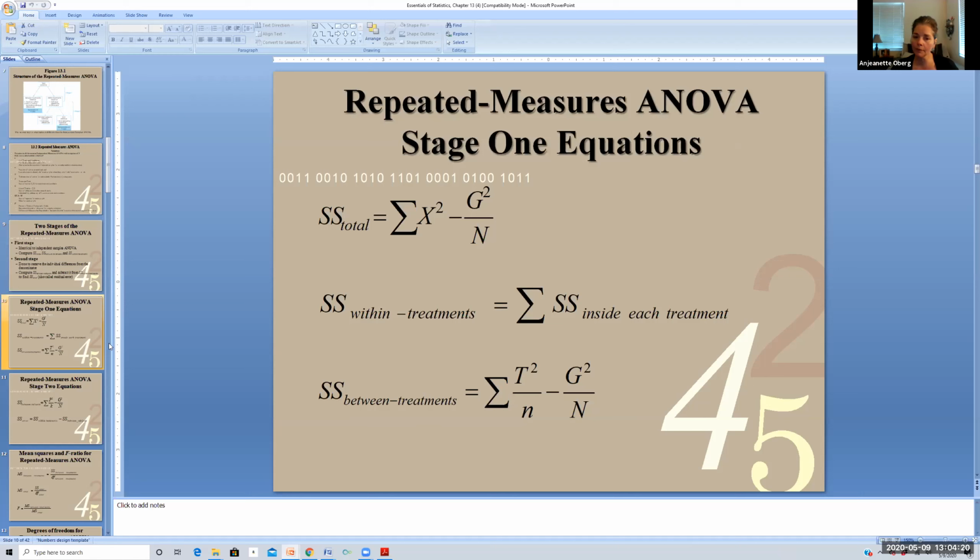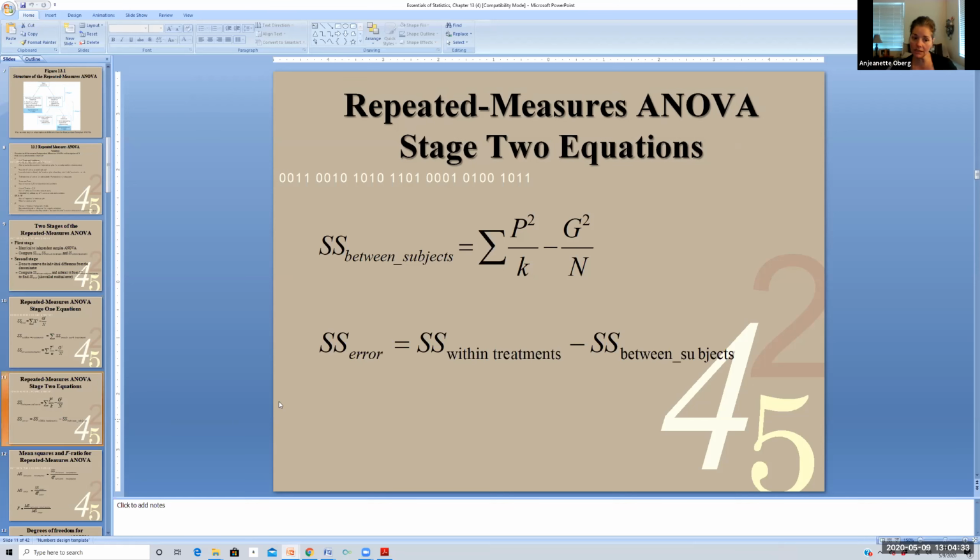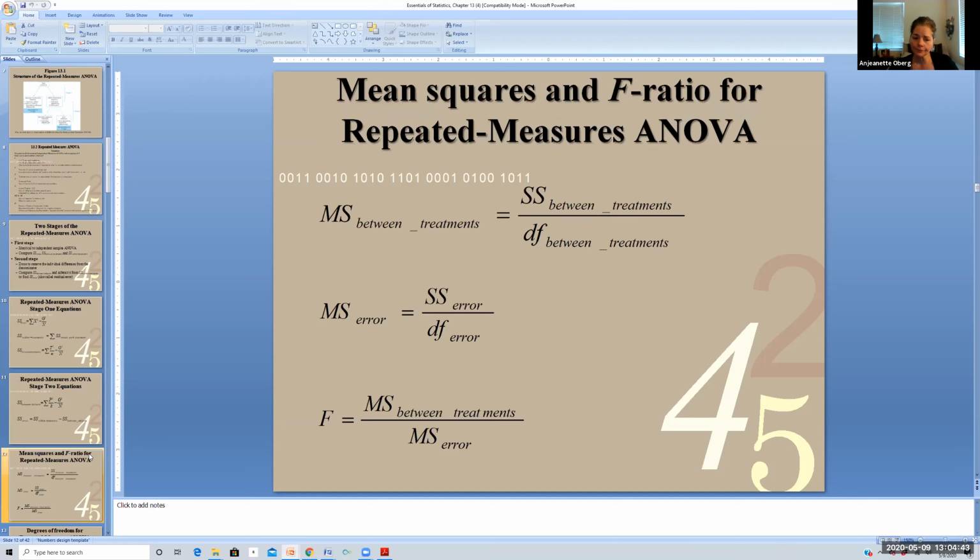So looking at our formulas, here's stage 1, sum of squares total. We're going to need to calculate our sum of squares within treatments and our sum of squares between treatments. And then in stage 2 we're going to calculate our sum of squares between subjects, now talking about individual participants, and our sum of squares error. Okay. And then here are your mean squares.